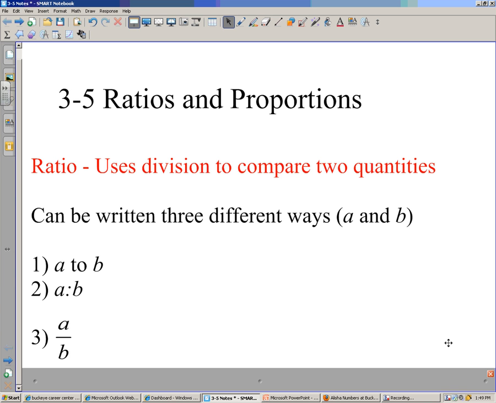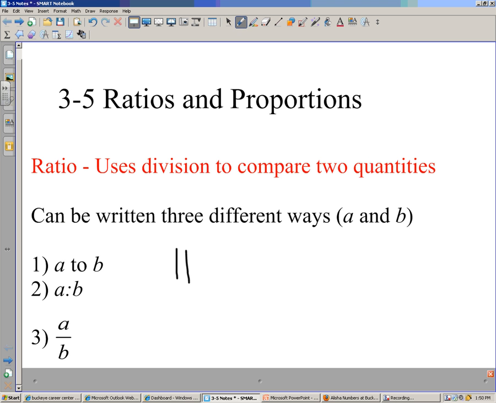suppose that I tell you I want a ratio of boys or males to females in the room. What would it be? Well, how do you know? Did you look? No, I don't know. Well, let's look. How many males do I have in here? 1, 2, 3, 4, 5, 6, 7, 8, 9, 10, 11, right? 11 males. So we have 11.